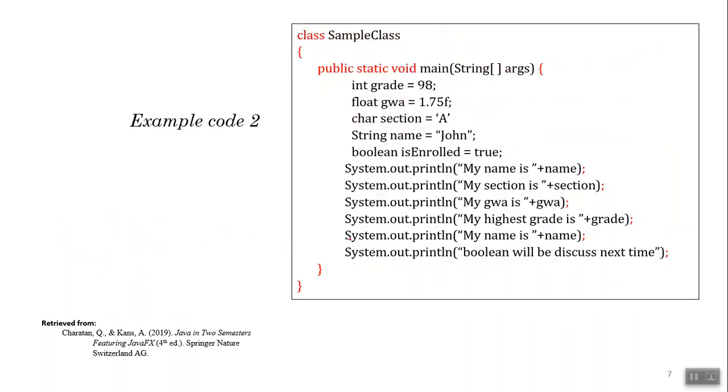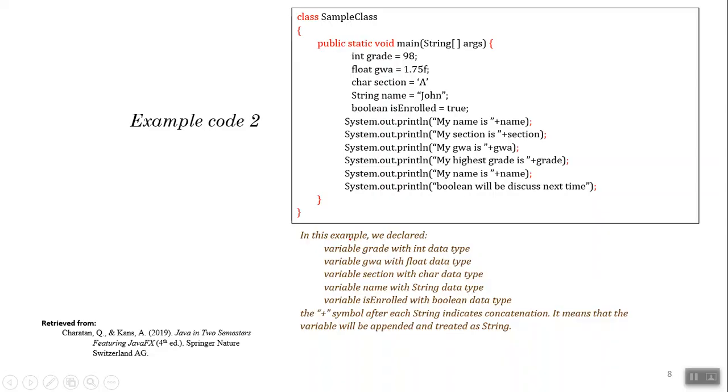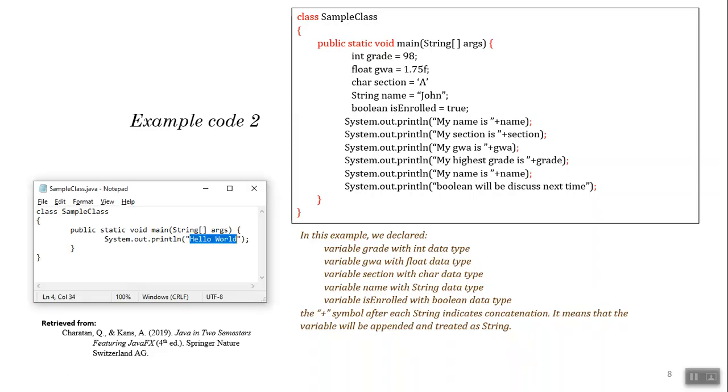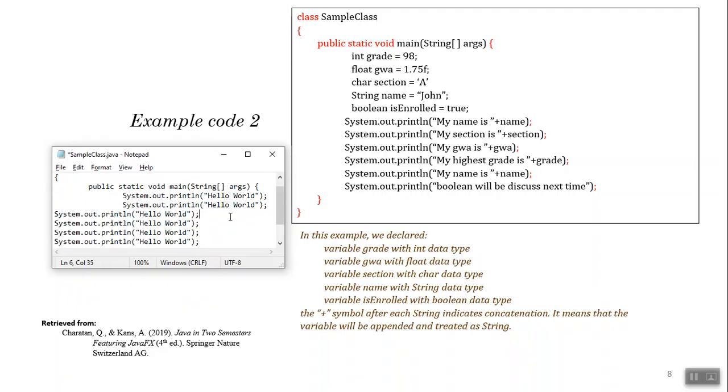Okay, so we have here an example code of declaring variables. So let's try this one. Let me copy this, so there are 6 System.out lines.